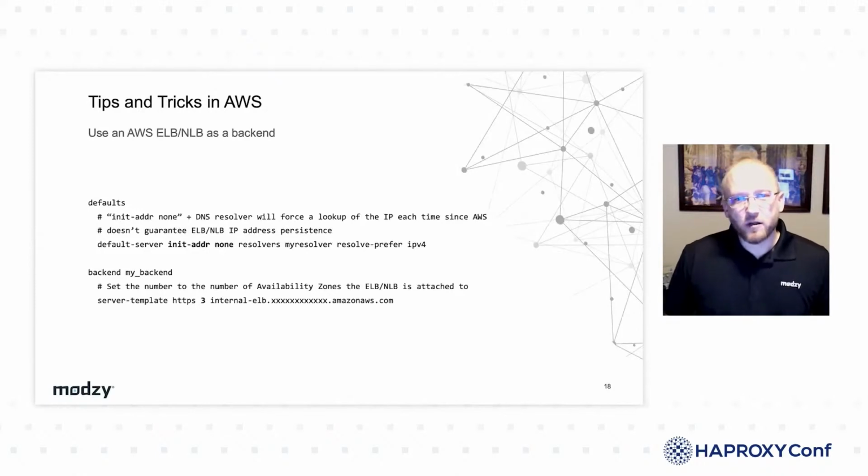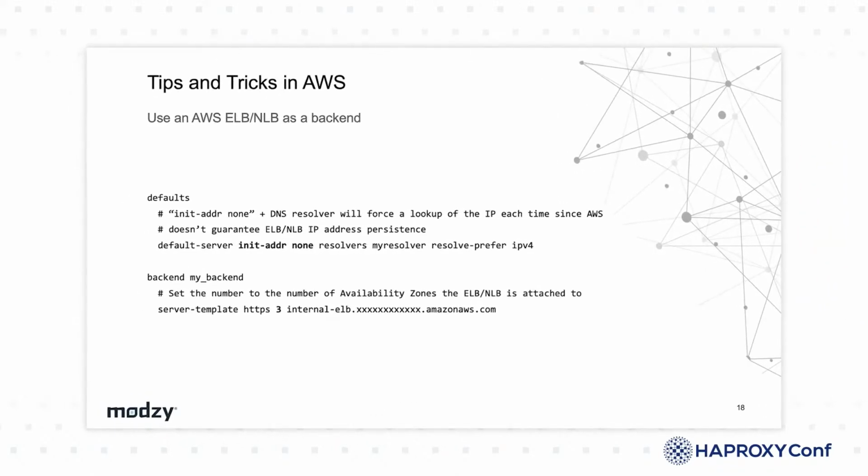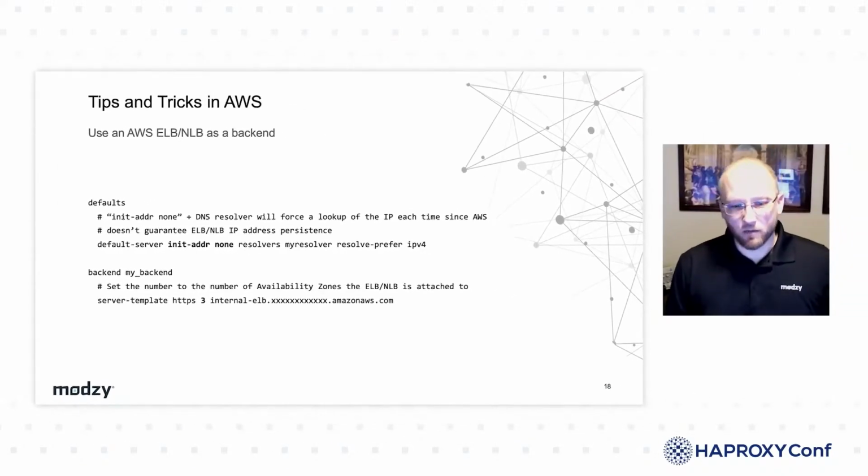The next is if you want to use an Elastic Load Balancer or Network Load Balancer as a backend, there are a couple of things that are non-obvious in order to get this to work. By default, HAProxy will try and store or remember which IP addresses DNS resolves to, which in a classical data center environment is great. But in AWS, since the ELB and NLB IP addresses change rather frequently, the right way to configure this is to tell it to not try and grab an initial IP address.